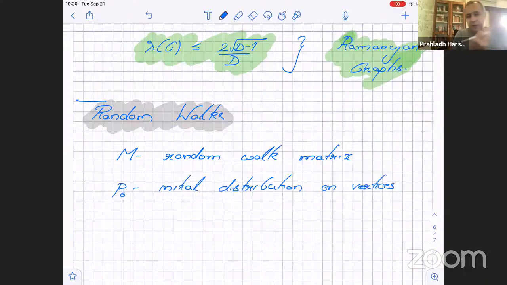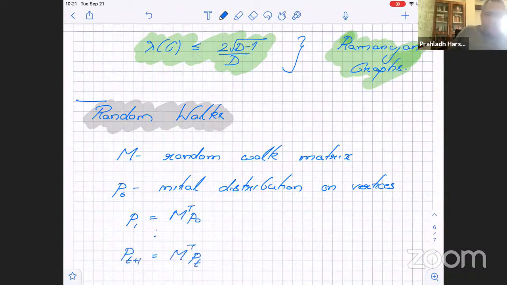It could also possibly be a distribution concentrated on one vertex, putting all its weight on that vertex, and then you begin taking a random walk on it. So you define P1 to be M transpose P0, and in general, P(t+1) to be M transpose Pt. You take the sequence, you walk this way. This is a distribution walk.